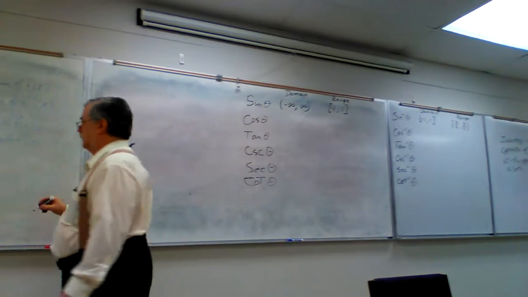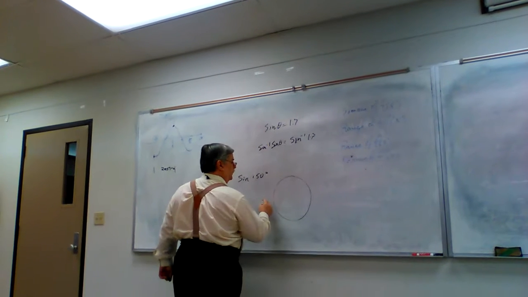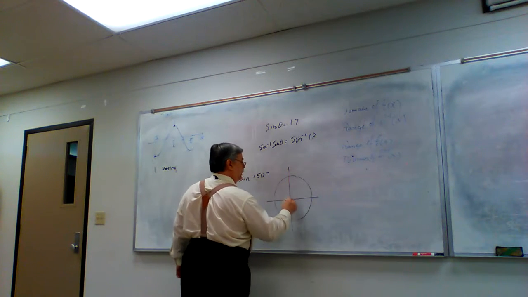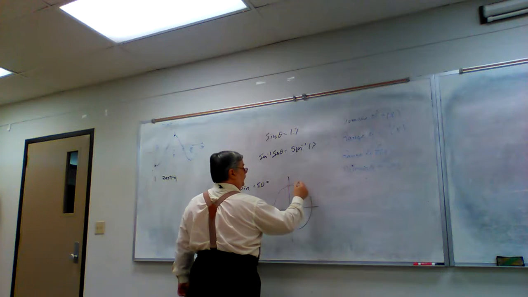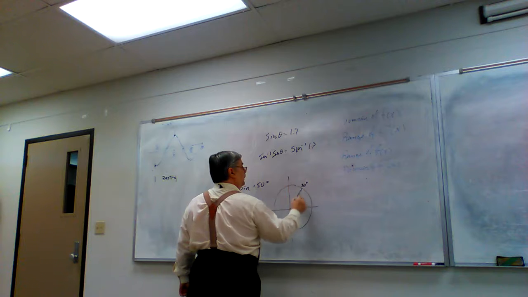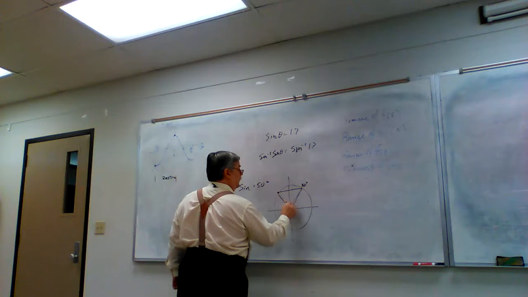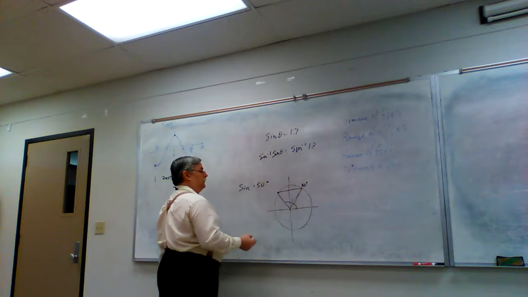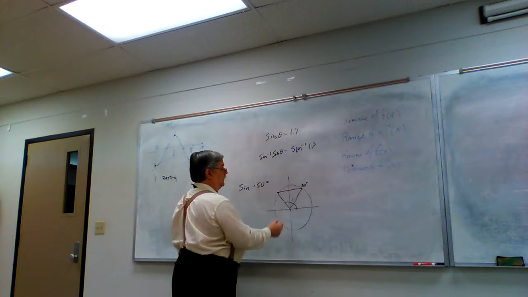Right. What you're doing is, here's your unit circle. Here's, I don't know, what was it, 30 degrees? Here is 60, however far, here's 60 degrees.